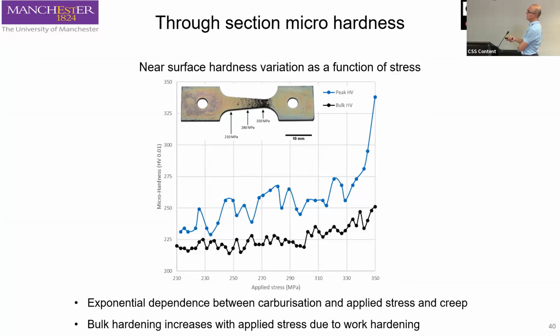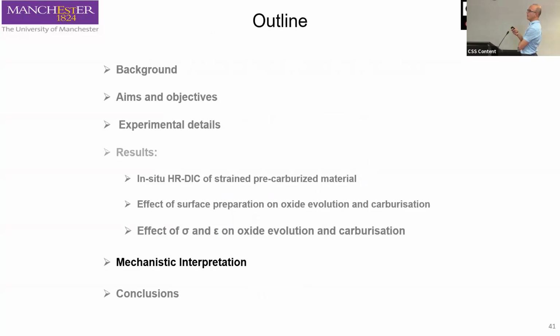With a very low stress, we have a low difference in hardness between the surface and the bulk. And at a very high level of stress, so 350 megapascal, now we can see a high increase in hardness associated with the carburization. And so how do we interpret these results?